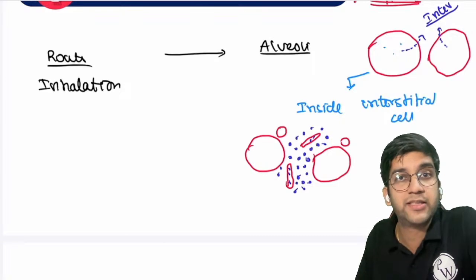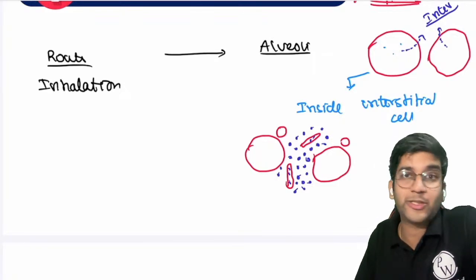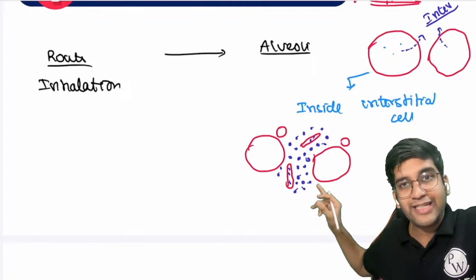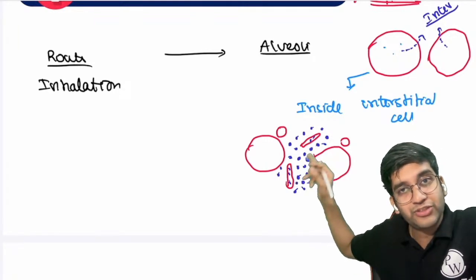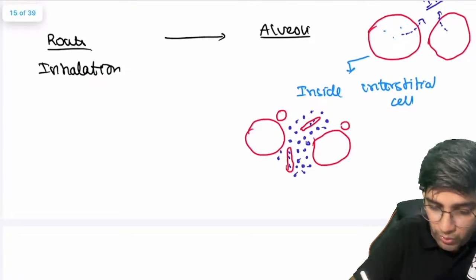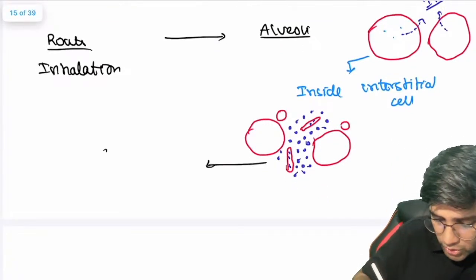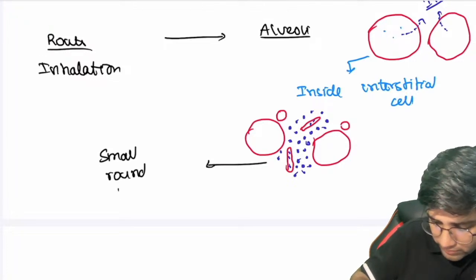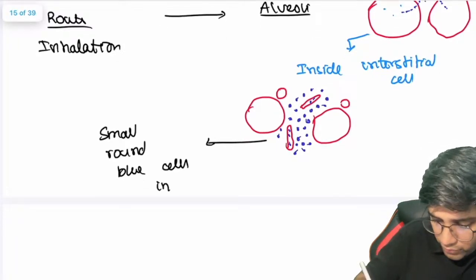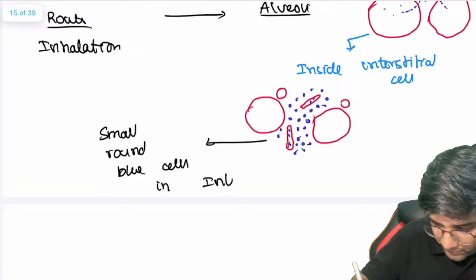It will be in the interstitium, not in the alveoli, because the small round blue cell lymphocyte has to destroy my interstitial cells, because that's where I have the bacteria, that's where I have the virus or intracellular bacteria, right? So here I'm going to have round blue cells, my lymphocytes, in the interstitium.